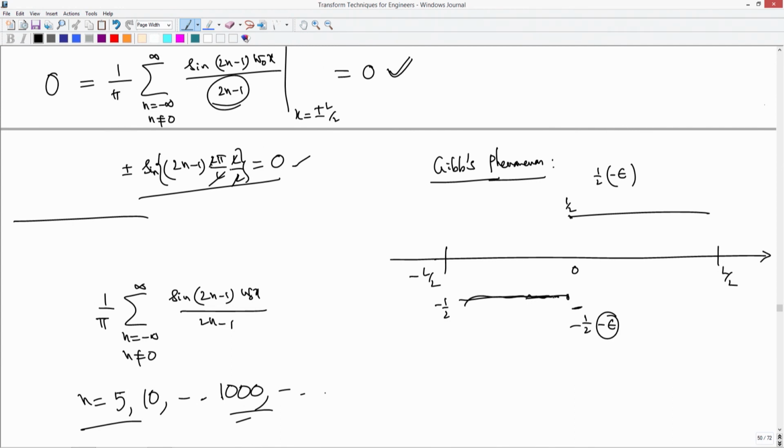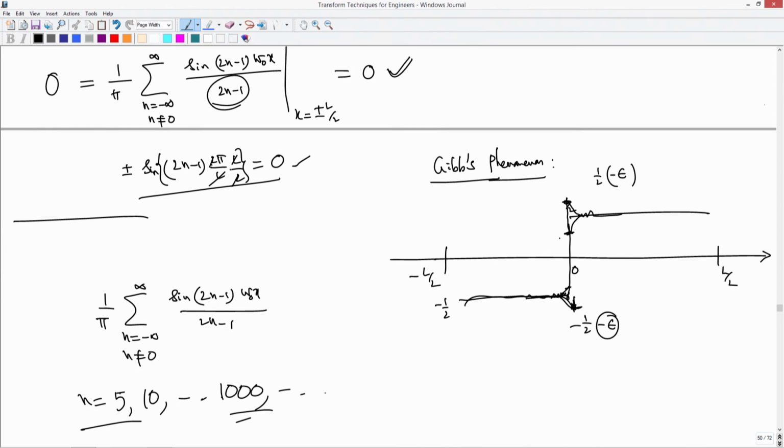Everything is converging here, but here the error starts, and it will be more here, less there, and then it goes here and is more again. There are small errors, and then more here. If it is less here, this will be more at this point.